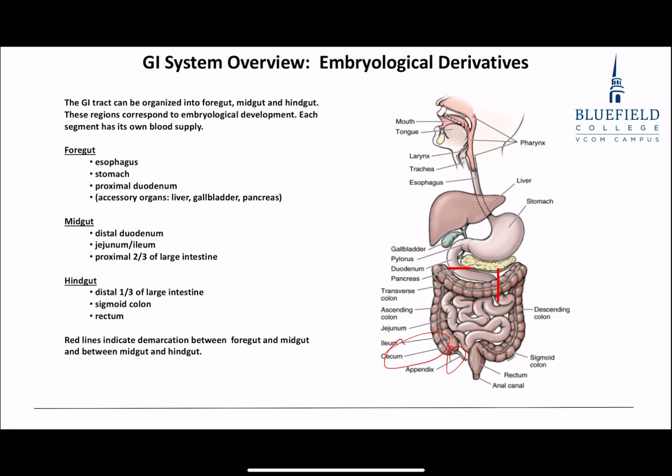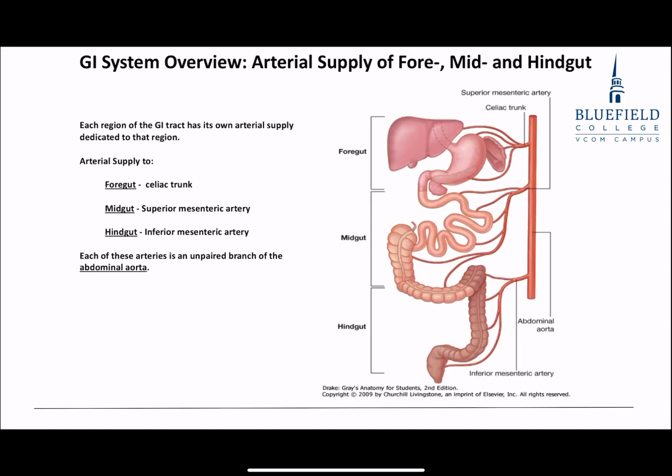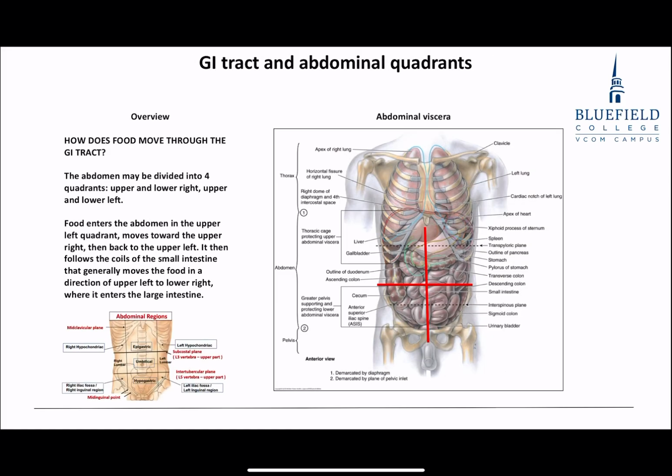And then this, a lot of times, I just put this in here kind of for your own information. I won't be asking questions about this, but a lot of times physicians will refer to not just the 4 quadrants of the abdomen, but they'll talk about the 9 regions.